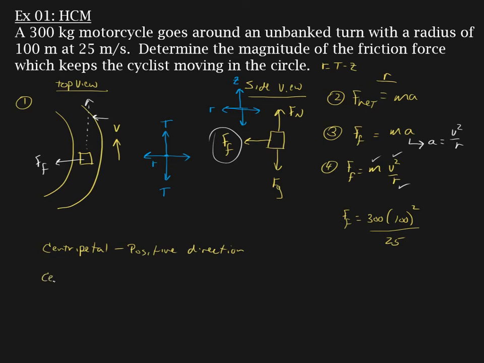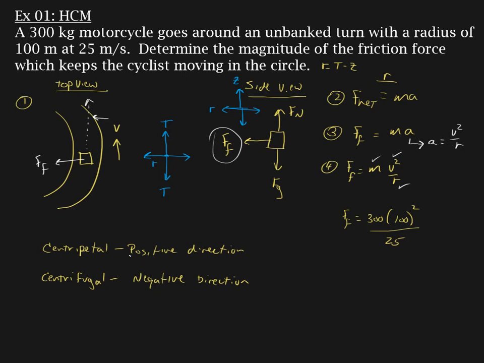If you say centrifugal, then that simply means the negative direction, and that would be equivalent to saying west or south. So all we're doing is describing in which direction the force points whenever we use centripetal or centrifugal.